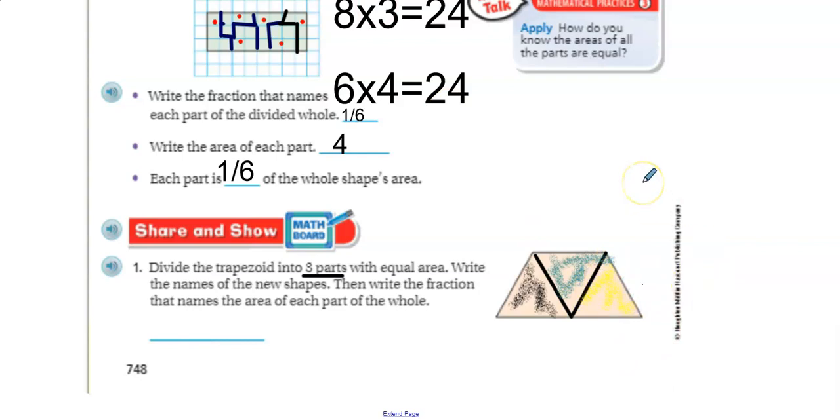So you can see all 3 parts are equivalent, which means they have equal area. This inside is the same inside as all the others. So you have 3 triangles and they are each equal to 1/3.